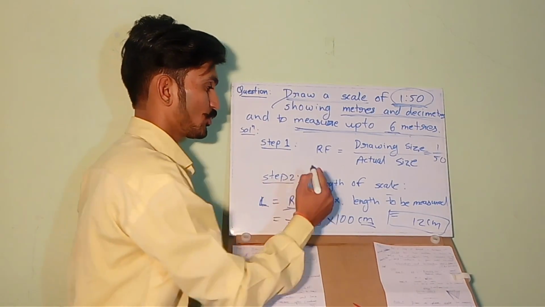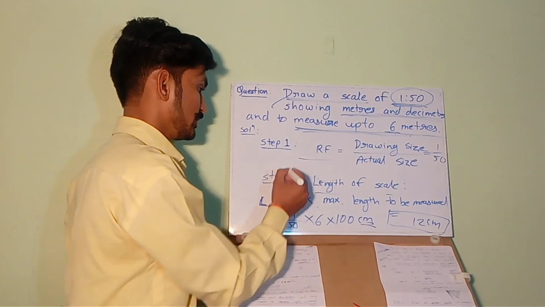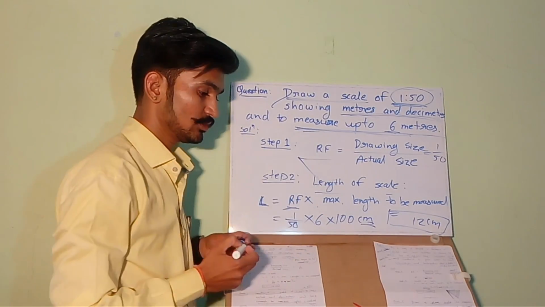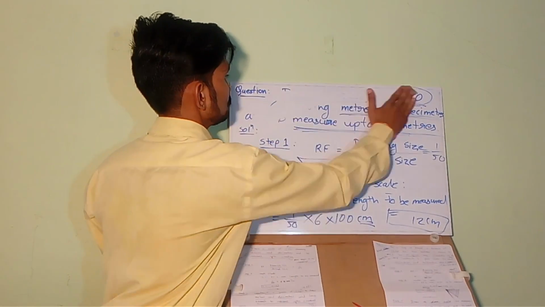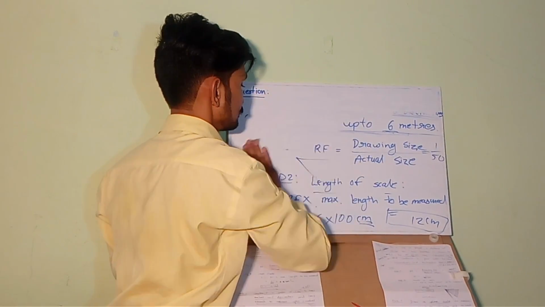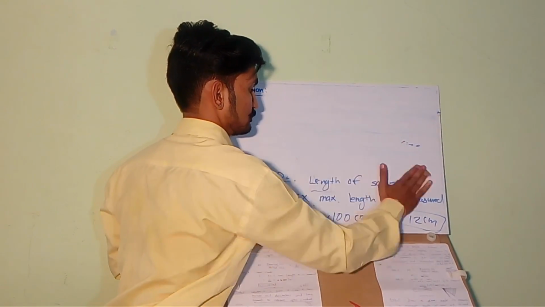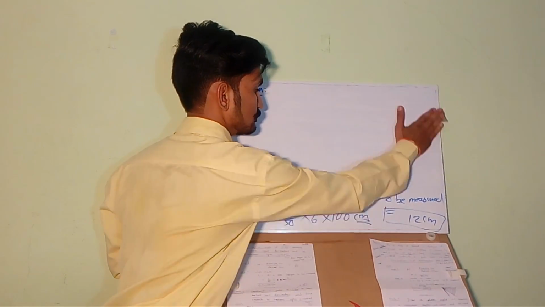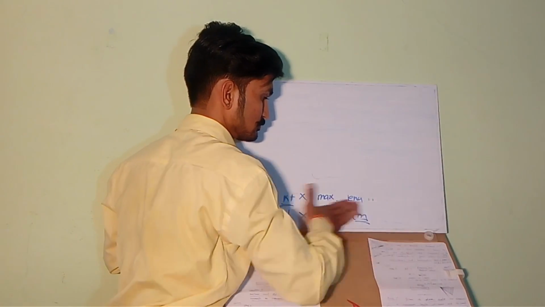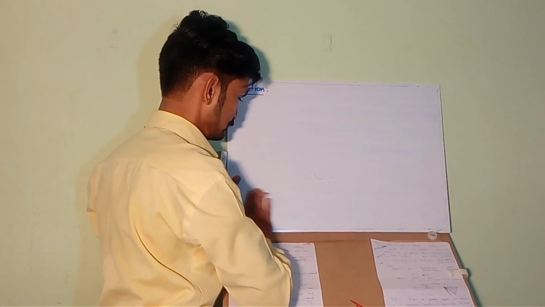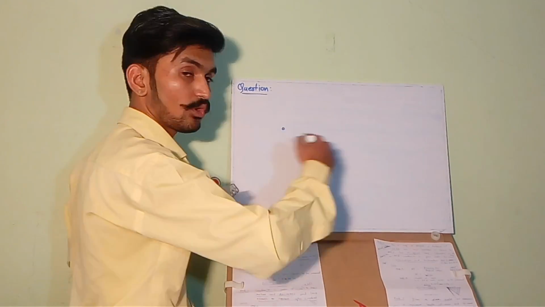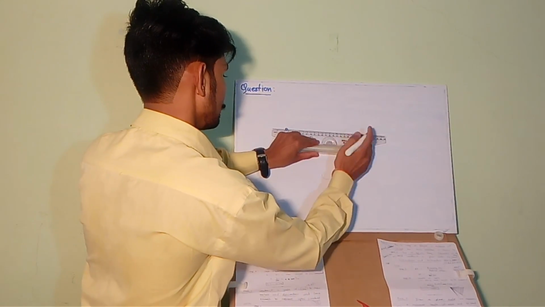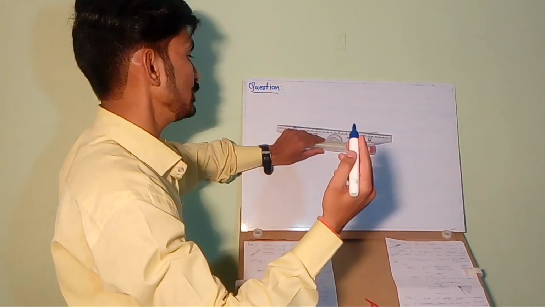We can draw the scale very easily. What you need to do is just draw a line of 12 centimeters. Let me do it clearly. Just take a point, draw a line of 12 centimeters. I am taking it roughly.